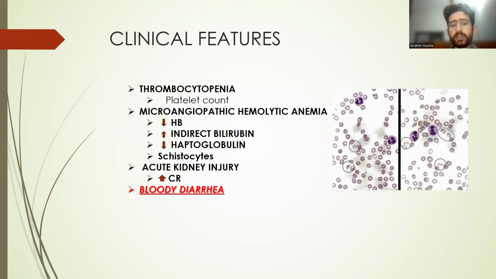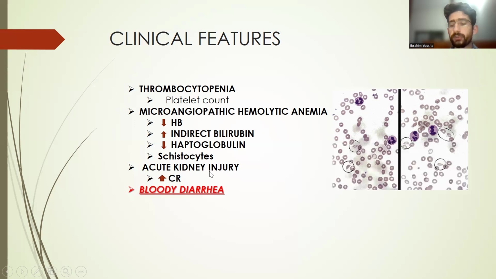We also have the characteristic findings of hemolytic anemia, which is characterized by decreased hemoglobin, increased indirect bilirubin, and decreased haptoglobin. On peripheral smear, we have schistocytes. Schistocytes are fragmented RBCs present on peripheral smears. Look at the photograph on the side, where the schistocytes are encircled.